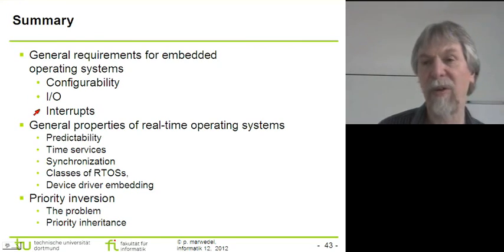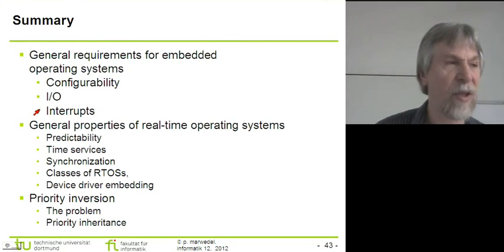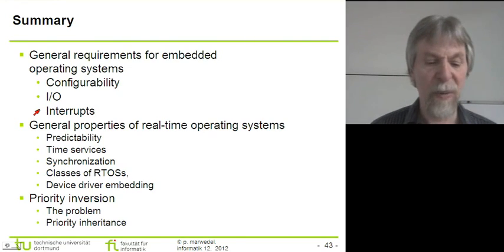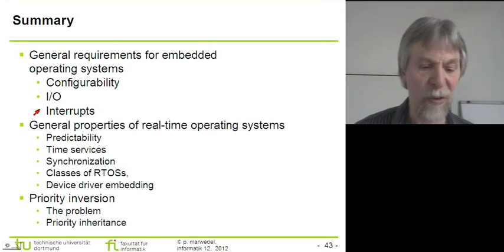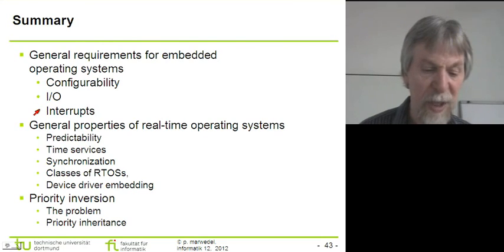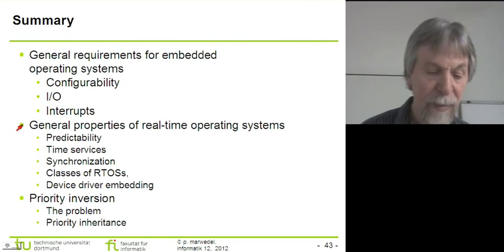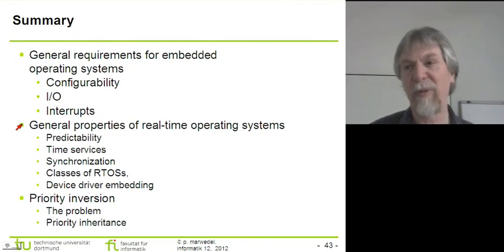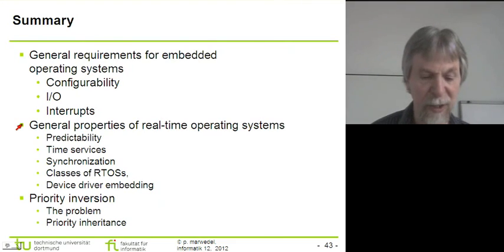And we also looked at the possibility to have interrupts directly connected with software and not all restricted to be used by the operating system. Then, as a special case of embedded operating systems, I looked at real-time operating systems, which are embedded operating systems that also must meet real-time constraints.